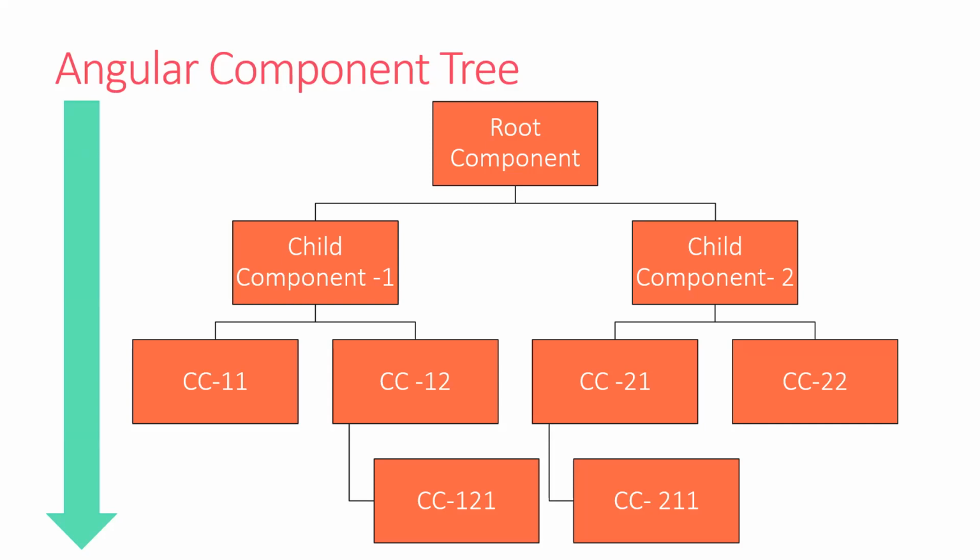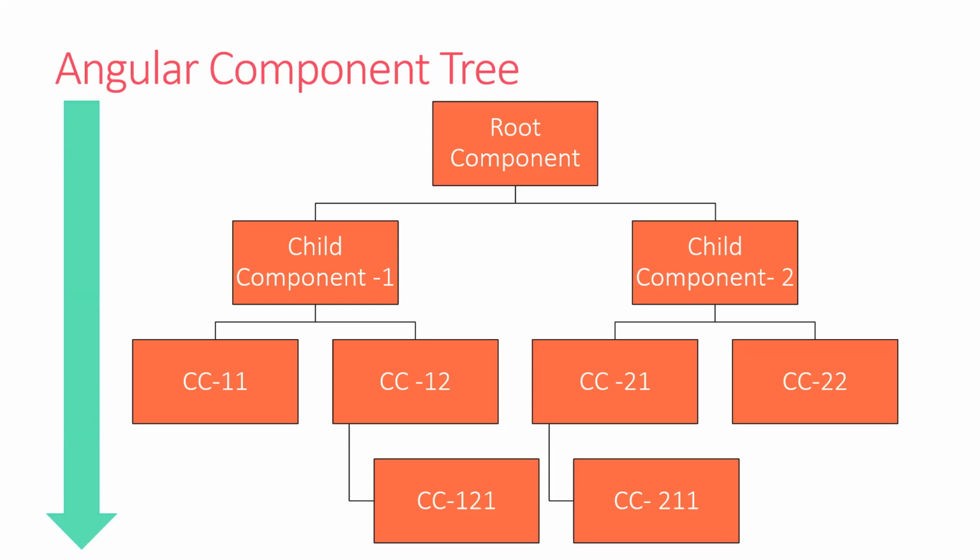Even though I have clicked on CC211, it will run the change detector of the whole application, all the child components, right? So if I click a button on CC22, it will start from root and go till CC121 and CC211, right? Yes, in the default scenario, and we are going to learn how we can avoid that.